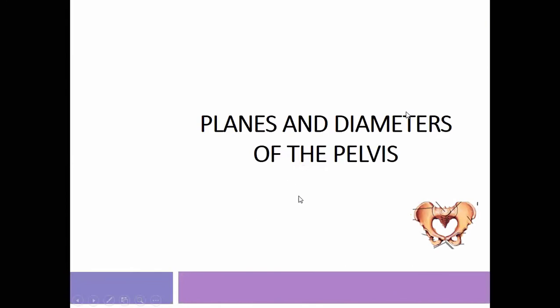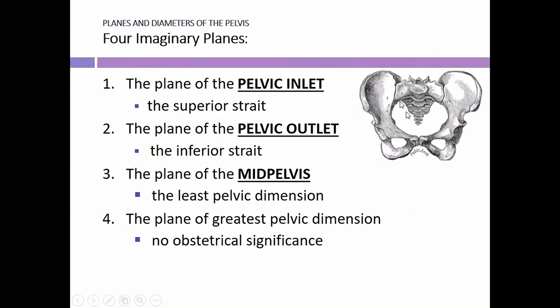So the pelvis has different diameters, no? It is composed of four imaginary planes, because you just think about this pelvis as planes based on the level of the pelvis. So there is the plane of the pelvic inlet, the plane of the pelvic outlet, and the plane of the mid pelvis.